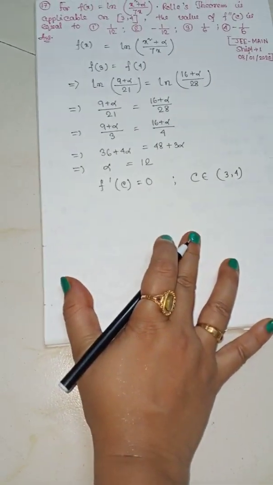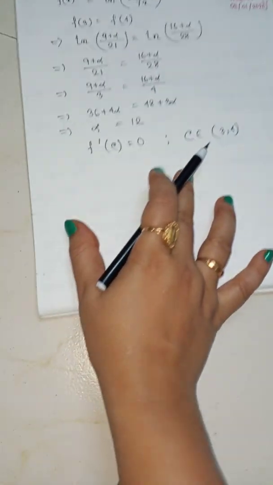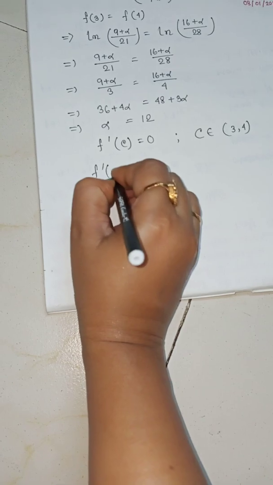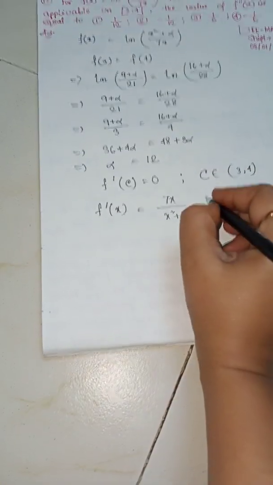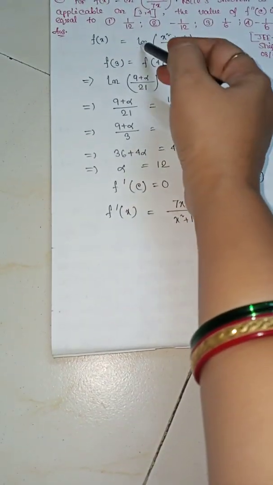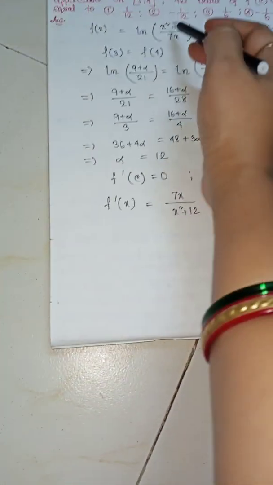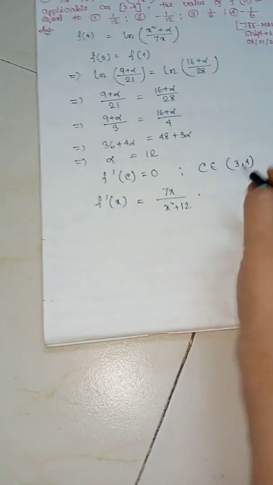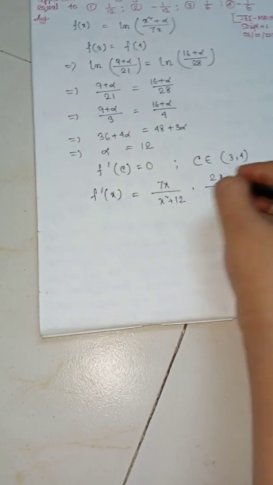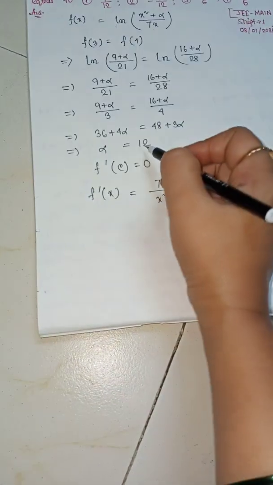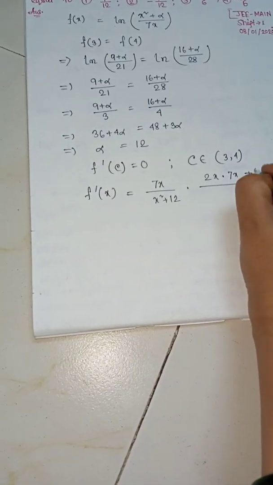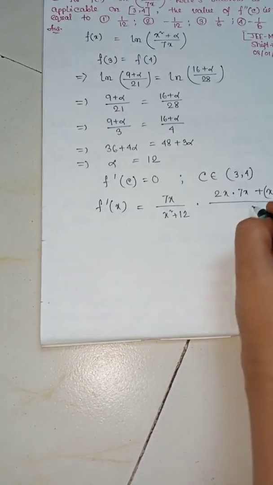So now what is f'(x)? Differentiating this we get f'(x) = 7x/(x² + α) into 1/(7x)... that is, differentiating the log, and then differentiating the inside we get 2x into 7x minus (x² + α) into 7, putting α = 12, over the denominator 7²x².